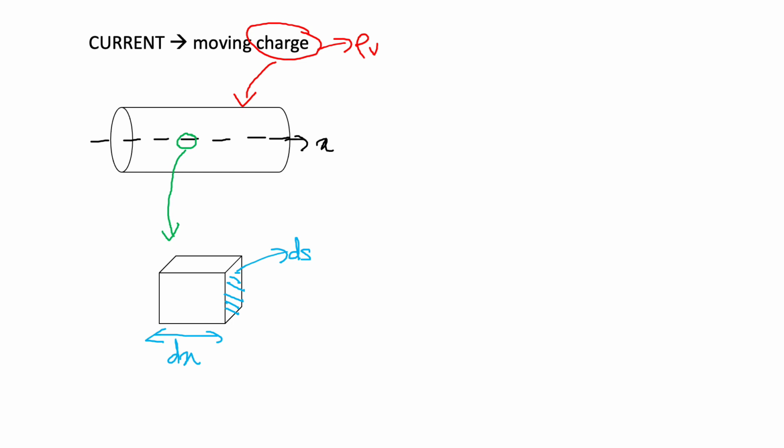So dx means a small length of x, and ds means a small area.